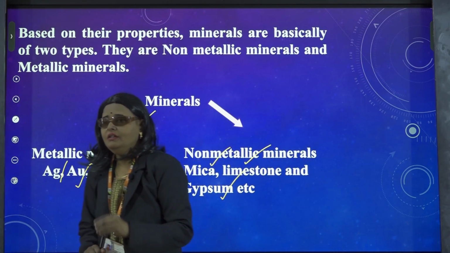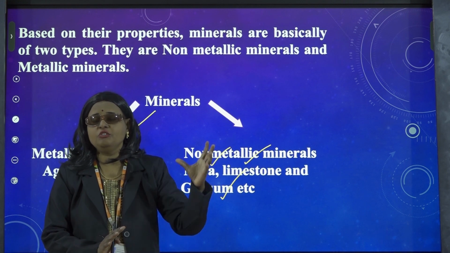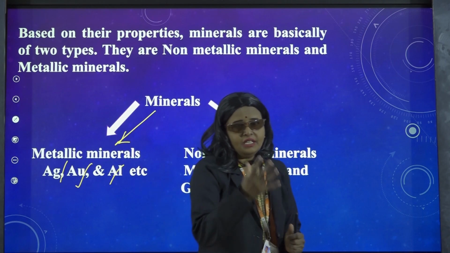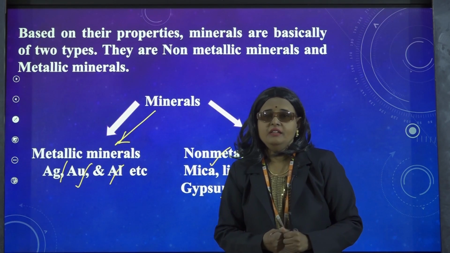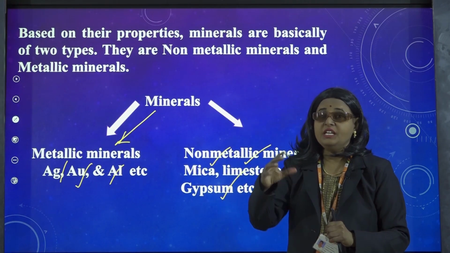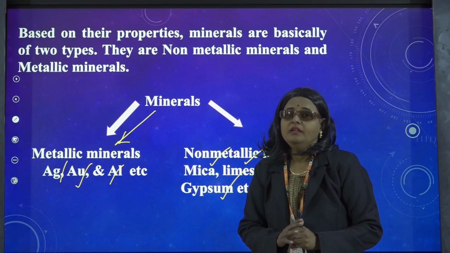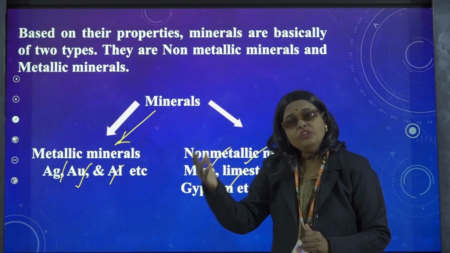Can you tell me what is the difference between these metallic and non-metallic minerals that you have learned? See, metallic minerals, they are having shine. They are ductile, that means they can bend. They are flexible. They are found in igneous rocks, metamorphic rocks.